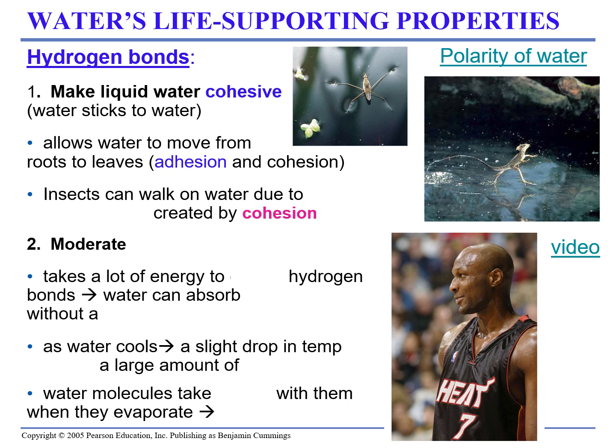Adhesion is when water sticks to other materials, and cohesion is when water sticks to water. Adhesion allows the water to move up the stem from the roots to the leaves, and cohesion allows all the water to collect. Insects can walk on water due to the surface tension created by cohesion. When water sticks to water, that creates a high surface tension, allowing insects to walk on water.